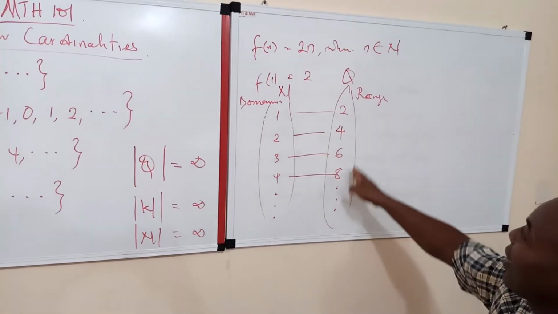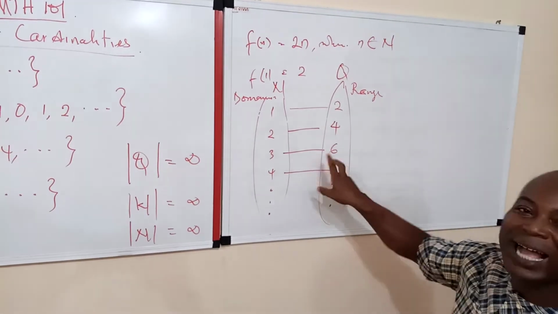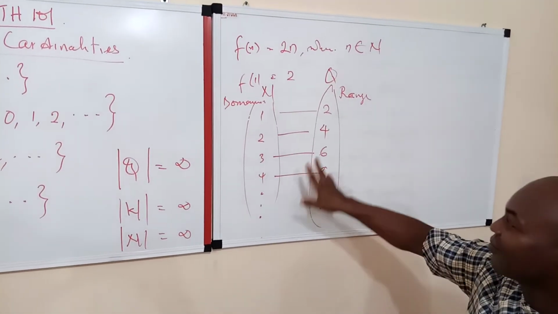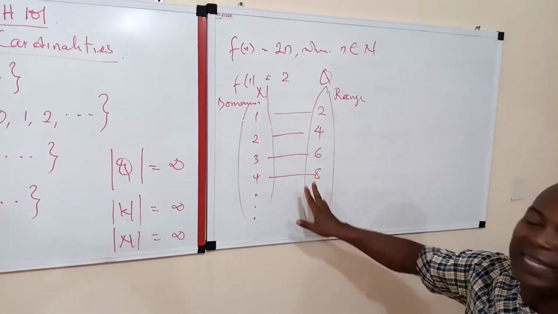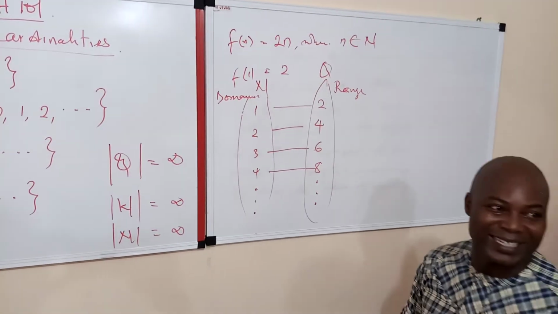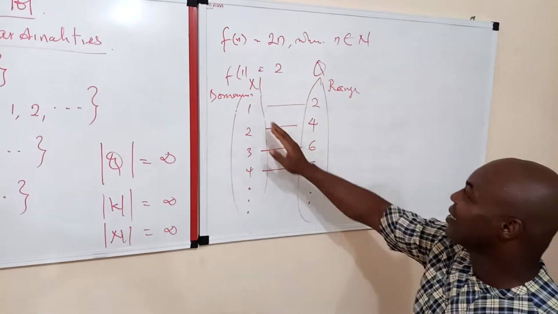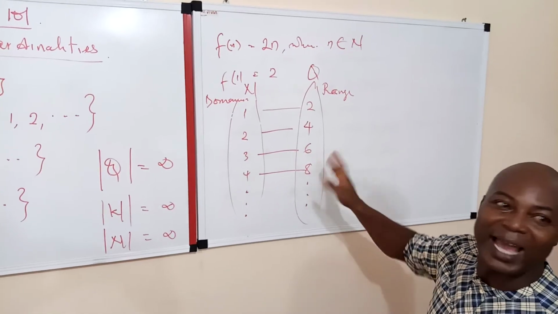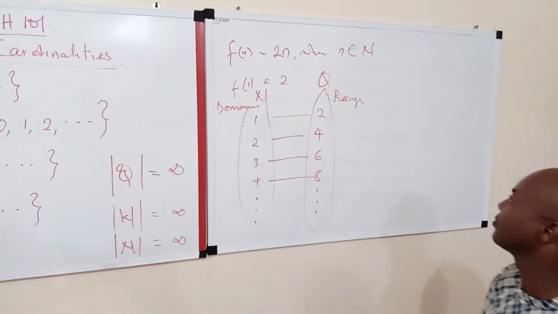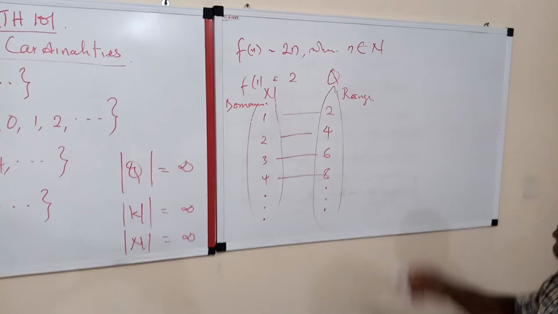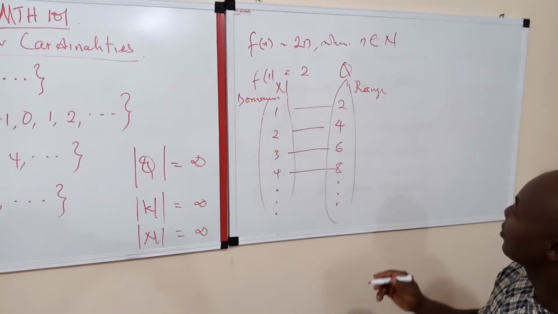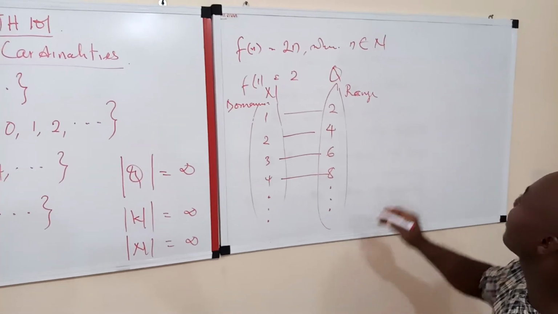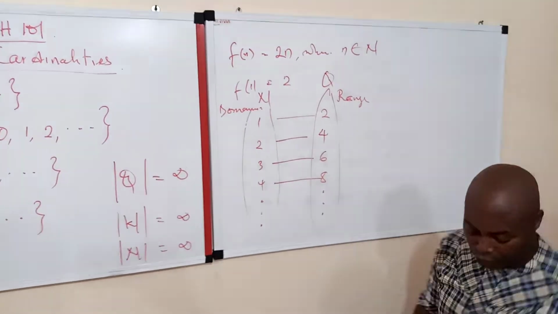So we can conclude that these countably infinite sets have the same cardinalities, because you can see that the function is injective and at the same time surjective. Therefore, we conclude that there exists a bijection. Now let's consider another function to see if we can also conclude that they have the same cardinalities.